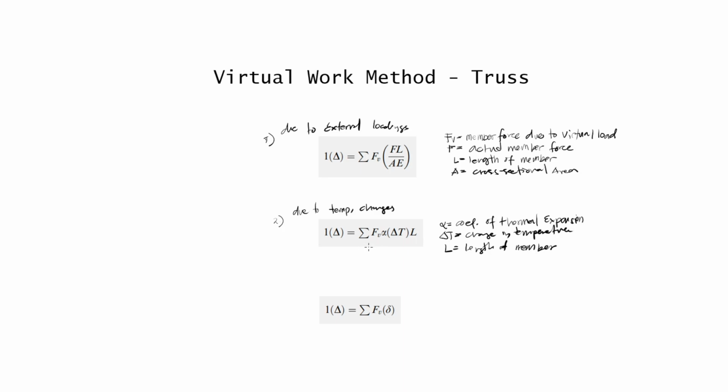So, ulitin lang natin. 1 times delta is equal to the summation of FV times alpha times delta T times L. Okay? So, yung coefficient of thermal expansion natin ang unit nito is per degree Celsius o per degree Fahrenheit, depende na lang sa given sa ating problem.